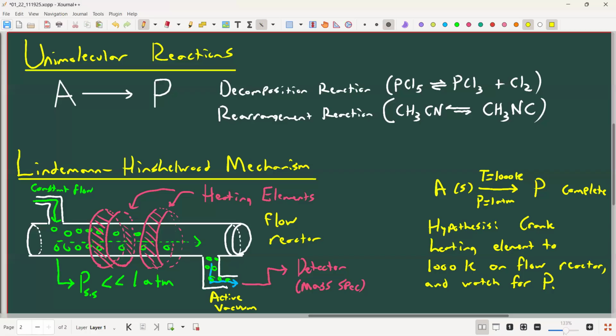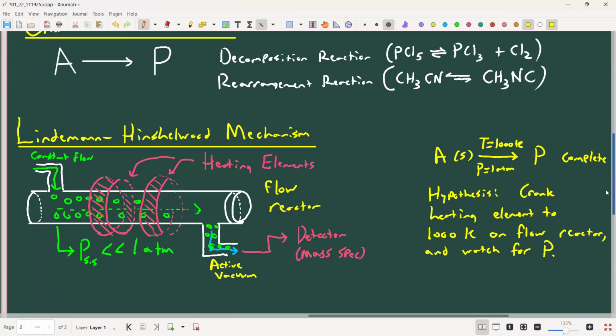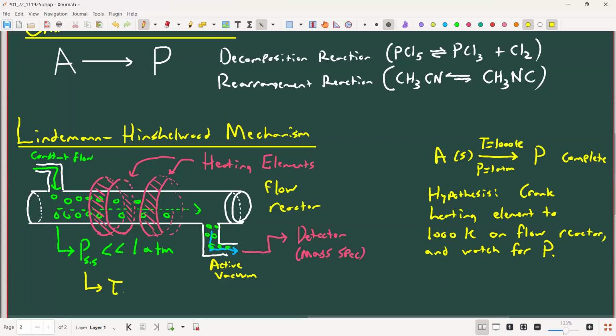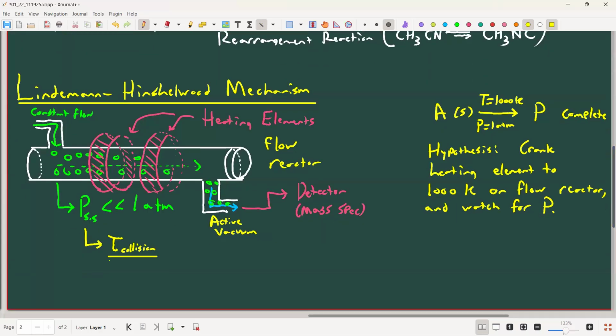And we're going to assume about this pressure that it's sufficiently low, such that the time of collision between particles and the time it takes for the particle to react, the two time scales, is about even. So we're going to turn collisions down. So we're going to have slow collisions.